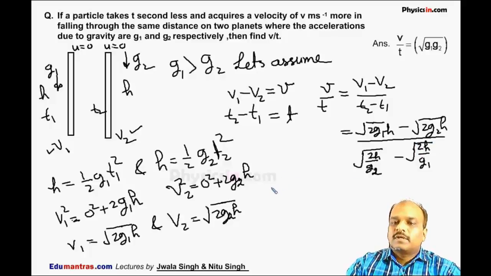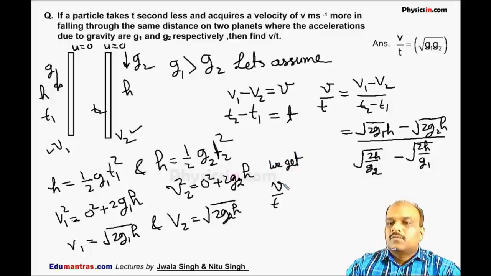Solving this, we get v by t, where 2h will vanish, and we get root over g1 into g2. So this is the answer.